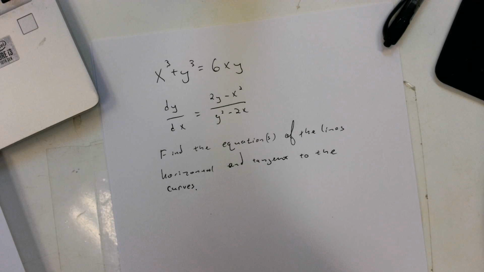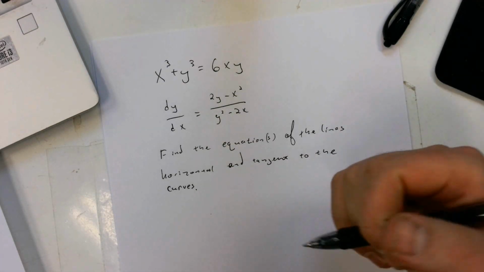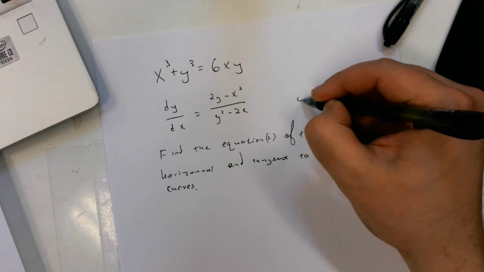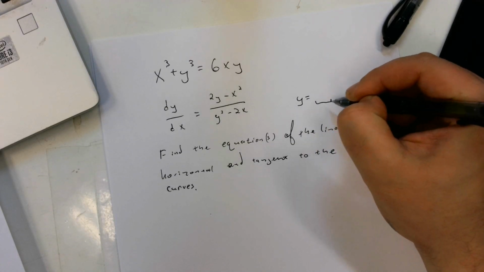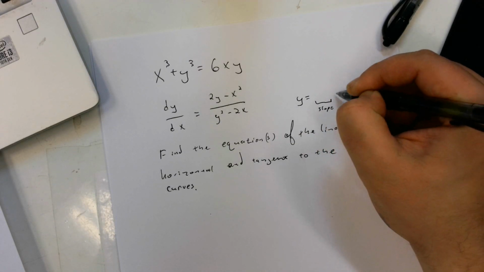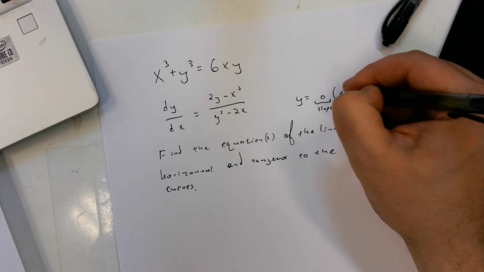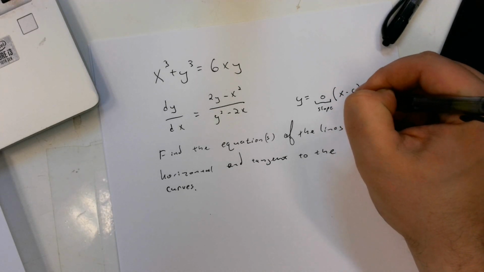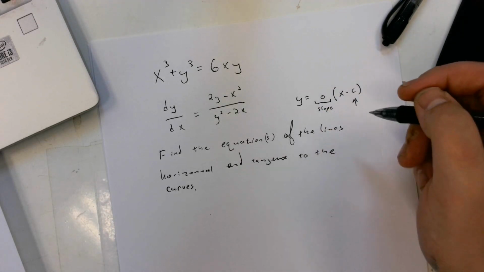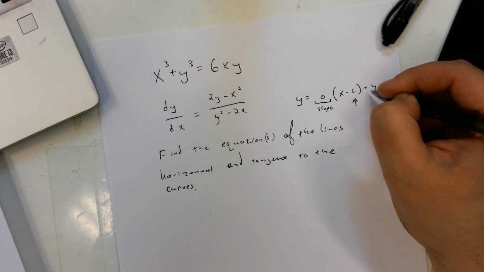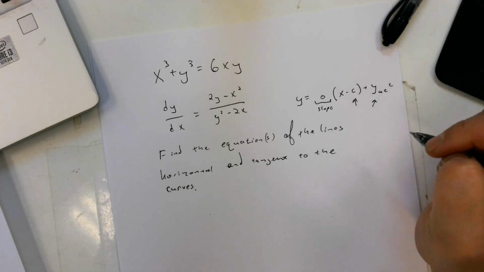So, what do I need for a horizontal line? What do I need for any line except for a vertical line? Well, y equals, I need a slope, which will be 0. I need the x minus c, so I need to figure out which c and which y at c. I need these really.